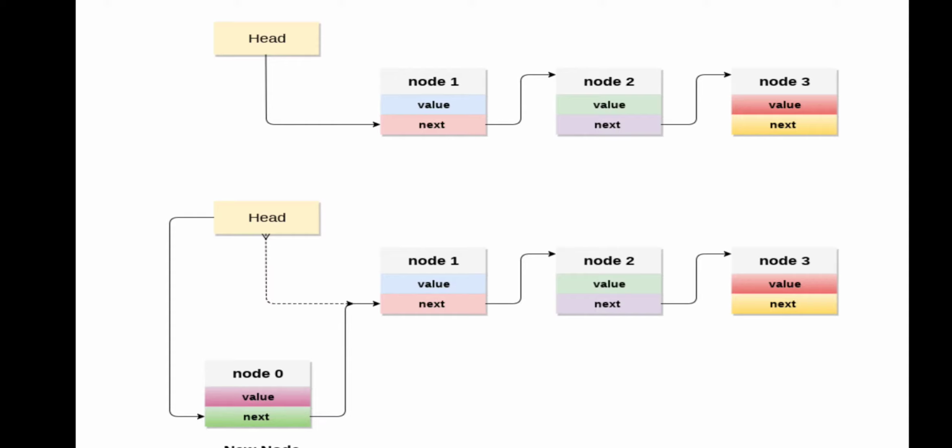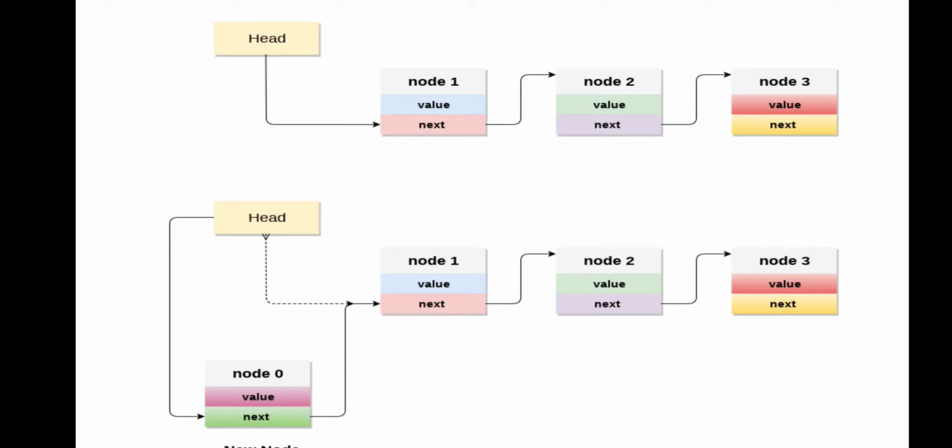Once again, here two parts, value field and next field. This on the top one, node 1, node 2, node 3, like that. Node 1 address is available at a head node, and each and every node contains two parts, value field and address field or next field. The next field contains the address of the next node.